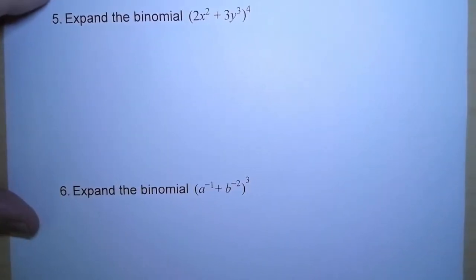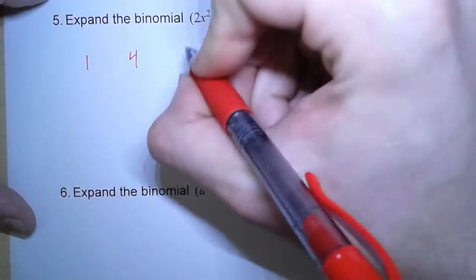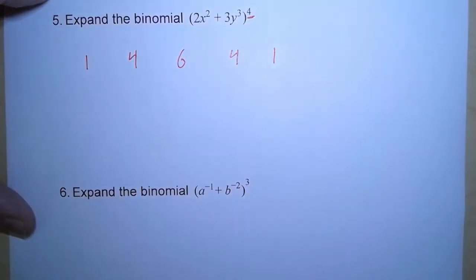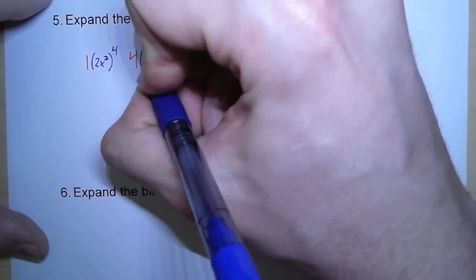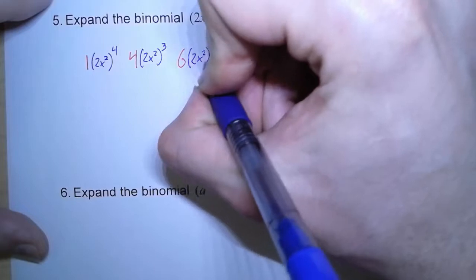For the next one, we have an exponent of 4. So it's 1, 4, 6, 4, 1. Those are our coefficients. And we start with 2x squared, but that whole quantity is to the fourth. And then we have 2x squared, that quantity is cubed. 2x squared, that quantity is squared.